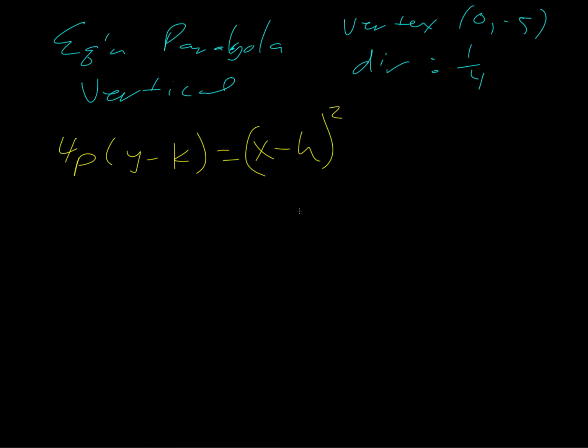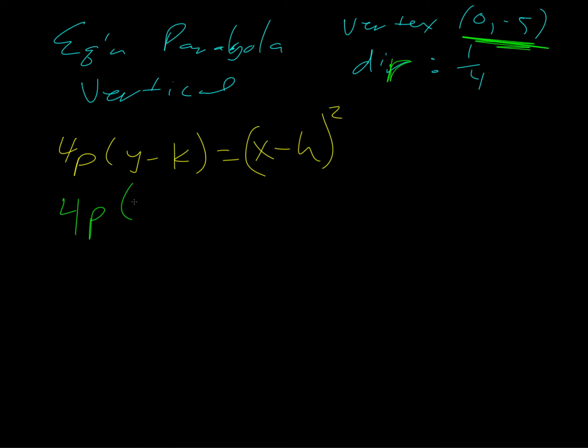So when we're doing this, we have (0, -5), so we're going to plug that in. I'm going to just keep 4p for a second.